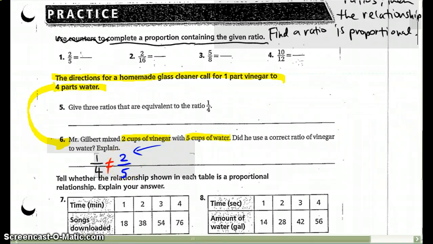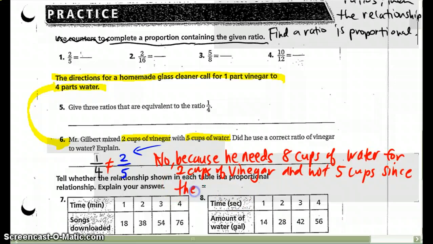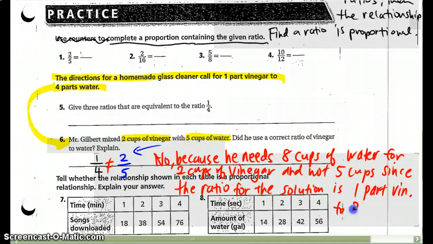So we can answer that question and say no. And in several ways we can do this, because he needs 8 cups of water for 2 cups of vinegar, and not 5 cups, since the ratio for the solution is 1 part vinegar to 4 part water. Okay, that's one way to express it.